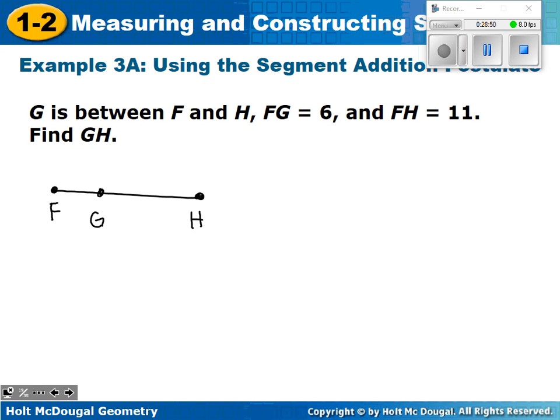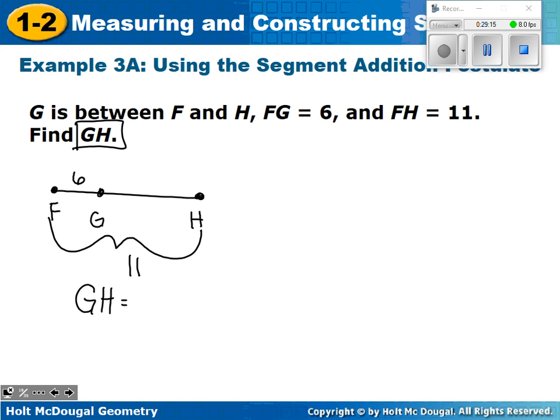I would encourage you to draw a picture and label your picture. So the distance from F to G is 6. And then FH is 11, which is the whole distance. The question is, what's the distance from G to H? So what would be the distance from G to H? 5. And in your head, you just did 11 minus 6, right?